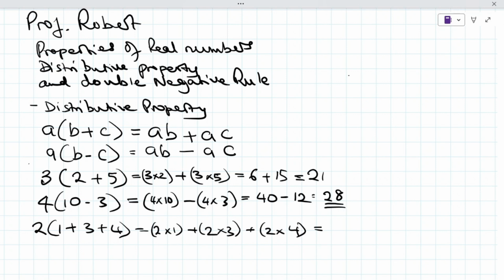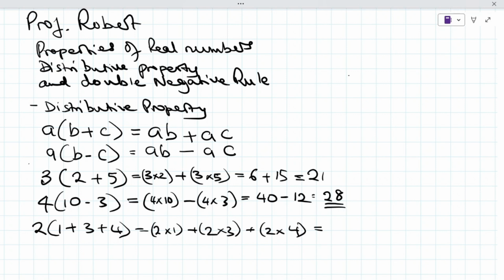Now let's look at the double negative rule. Now, a double negative turns into a positive. For example, if you are given a number like negative A and it's negated, this one gives us A as our answer.